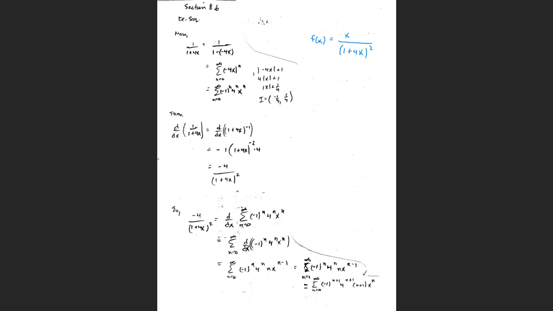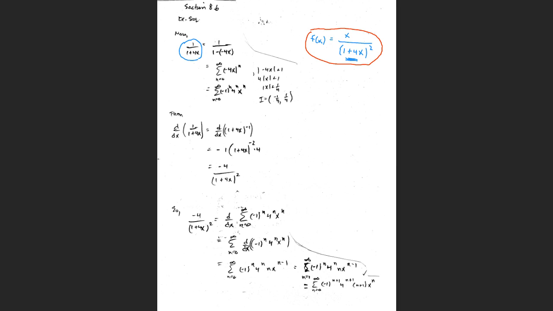Now, we know 1 plus 4x is going to be needed. So let me just go ahead and figure out the power series for the function 1 over 1 plus 4x. That's not the function that we're interested in, but we'll get to the function we're interested in.